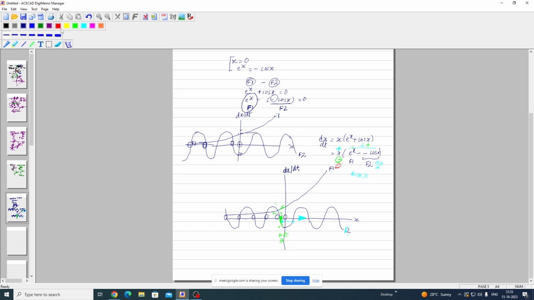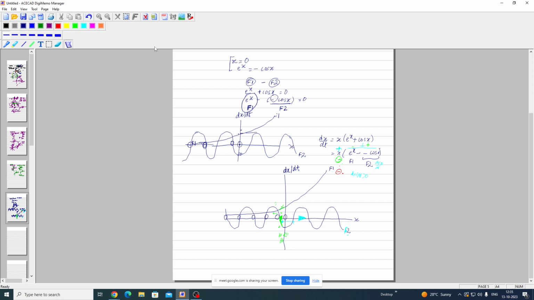Okay, there is some movement of the paper. Let me erase this and start again. Yeah, x is still negative. Let's look at function 1 minus function 2, or e^x plus cos x.